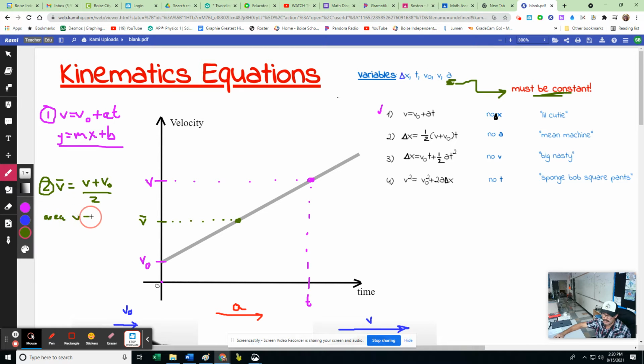area of a VT graph is change in position. Okay, so let's figure out what the area would be.